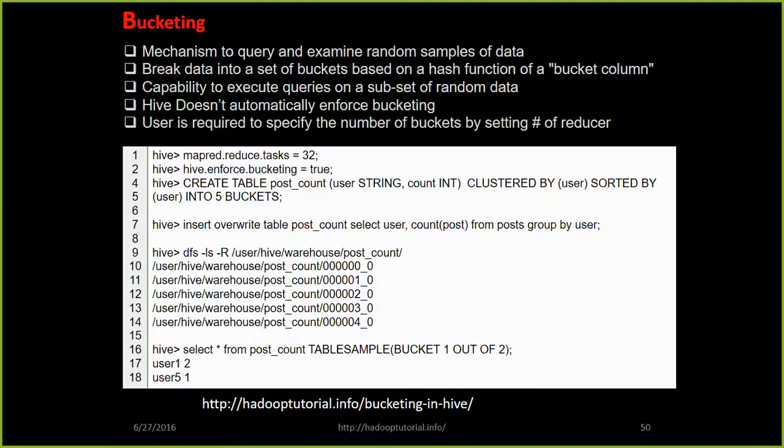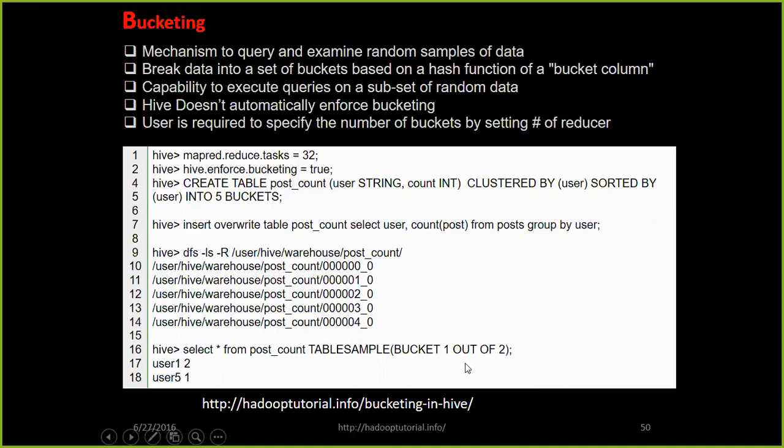So yeah, the one advantage with bucketing, we have seen that it further gives you performance improvement. And one more thing is, you can take a sample of data. Table sampling is possible. Select star from post count, here in this case, table sample, bucket 1 out of 2.